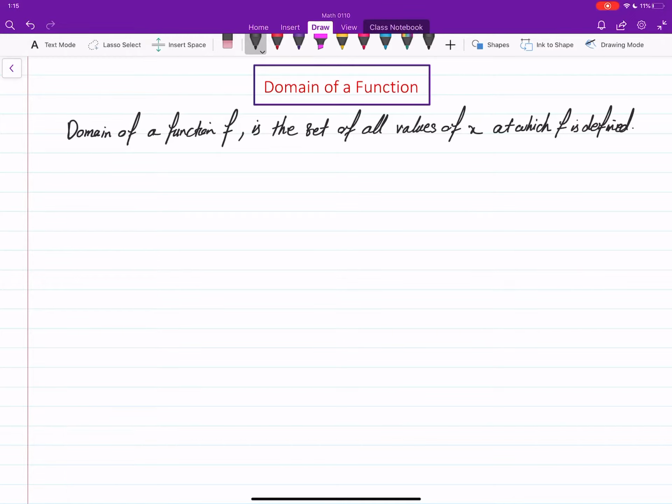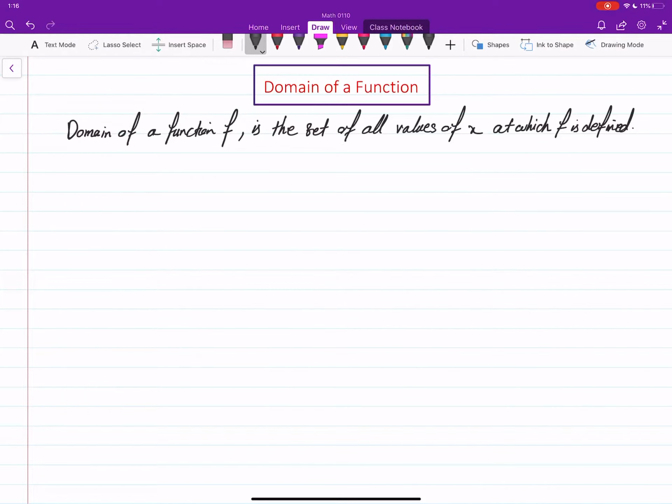So gather all the numbers or all the elements that you can put as input for the function. Gather all these things. This is called the domain.